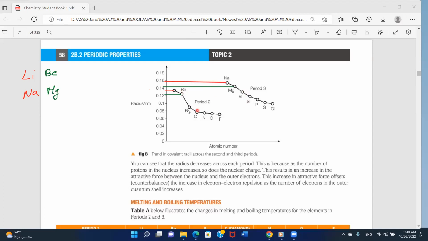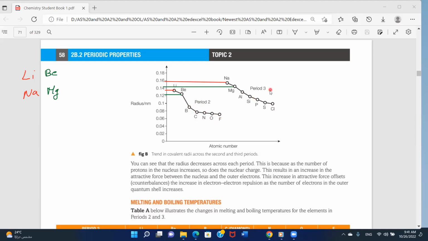And so on for all the elements. If you compare aluminium, which is present in group 3, with boron, which is also present in group 3, you will find that the radius of aluminium is greater than the radius of boron, because they are present in the same group. So down the group, the radius increases. But if we compare the atomic radii between elements present in the same period, this is period 2, lithium, beryllium, boron, carbon, nitrogen, oxygen, fluorine, you will find that the radius decreases as we go across the period.